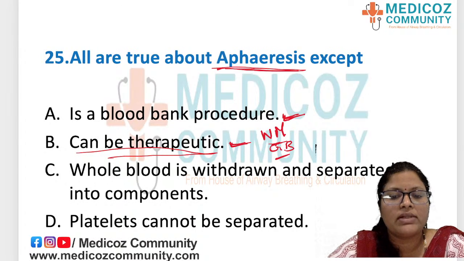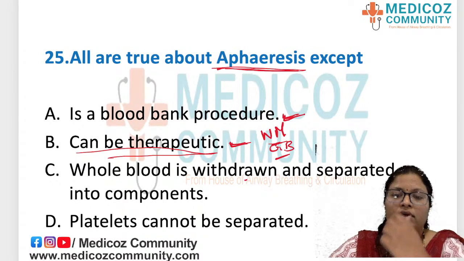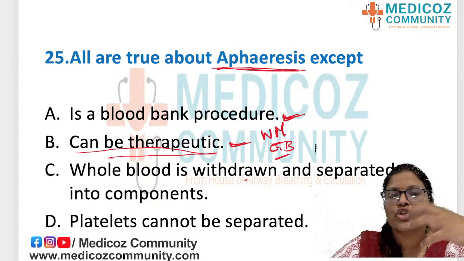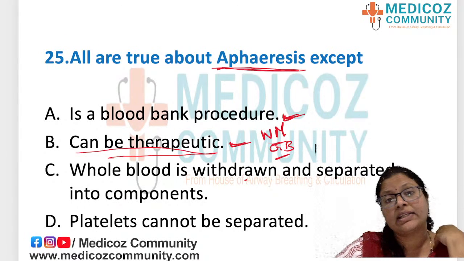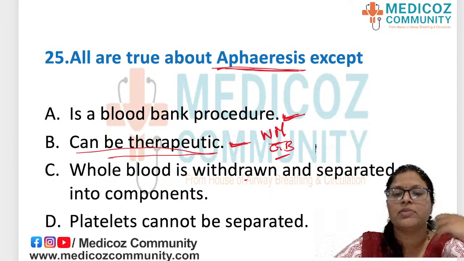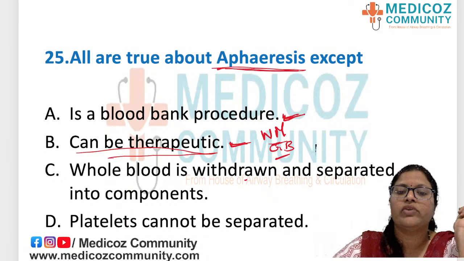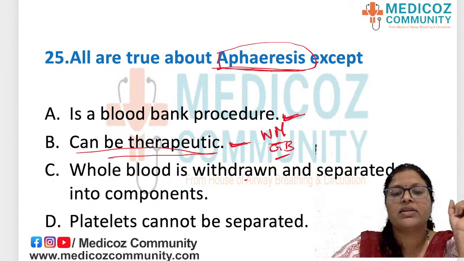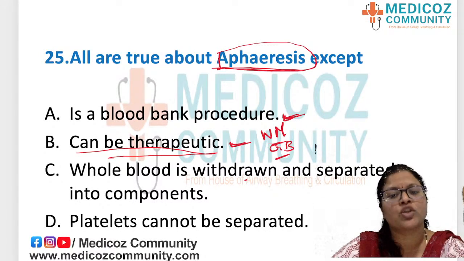And whole blood is withdrawn and separated into components. This is a kind of transfusion wherein the patient before elective surgery, if the Hb is good, can himself give his own blood with the apheresis procedure, and the blood can be separated into components and stored.